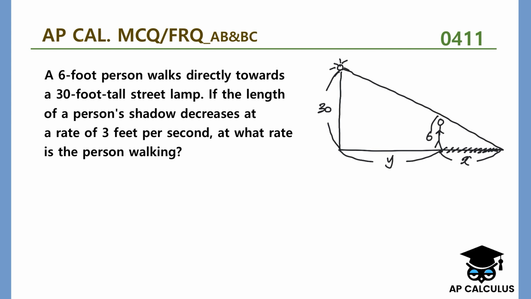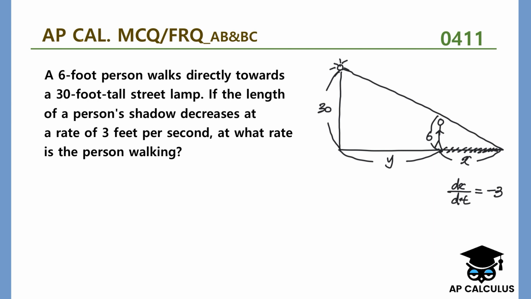So here's a 6. Okay, it is given that the length of a person's shadow decreases at a rate of 3 feet per second, right? So we have dx over dt, change in shadow with respect to time t, that's -3, right? And the question is, at what rate is the person walking, right?